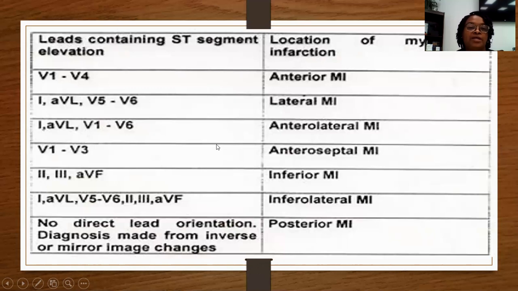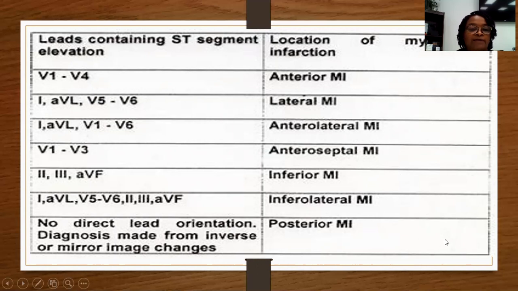Okay, so let's talk about the location of the four walls of the left ventricle and which leads you look at to determine what MI occurs in that area. So in V1 through V4, you have an anterior MI.